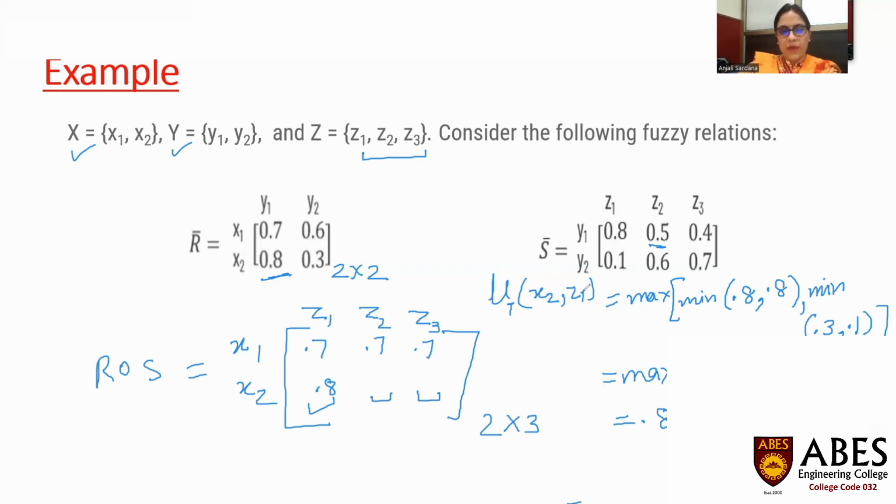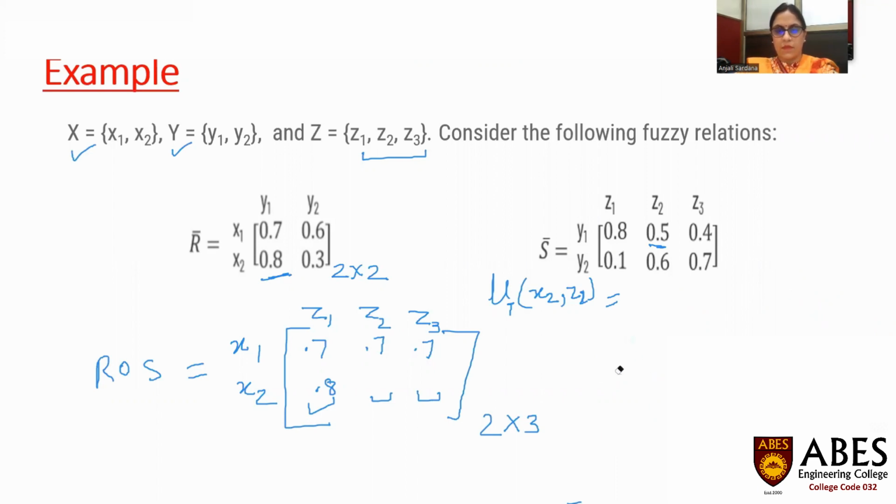Here it will be from x2 to z2. Again, the operation can be performed this way. It will be maximum of minimum of x2 to y1, that is 0.8, y1 to z2, it is 0.5.